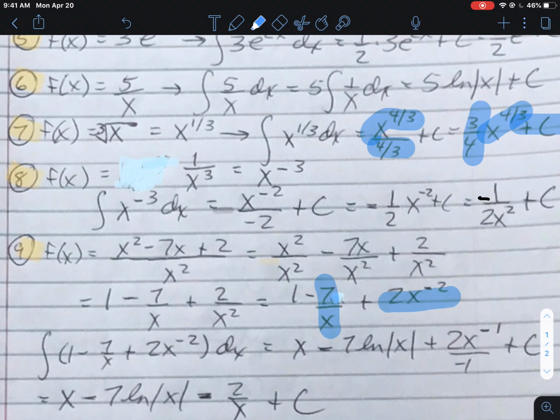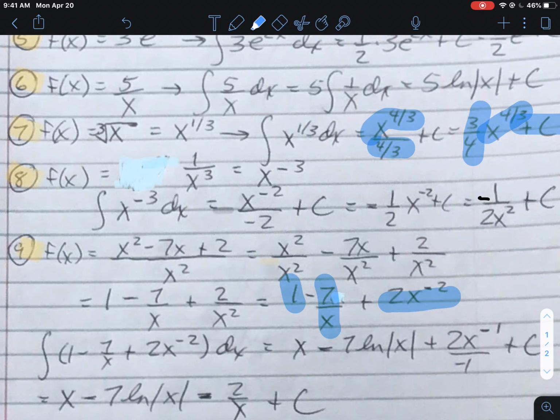But I left this as 7 over x. And that's simply because of the type of function. We know that the antiderivative of 7 over x is going to be our natural log function. Whereas the 2 over x squared, I'm going to have to use power rule. So you have to recognize those are two different types of functions, or at least two different rules that you're using to find their antiderivatives.